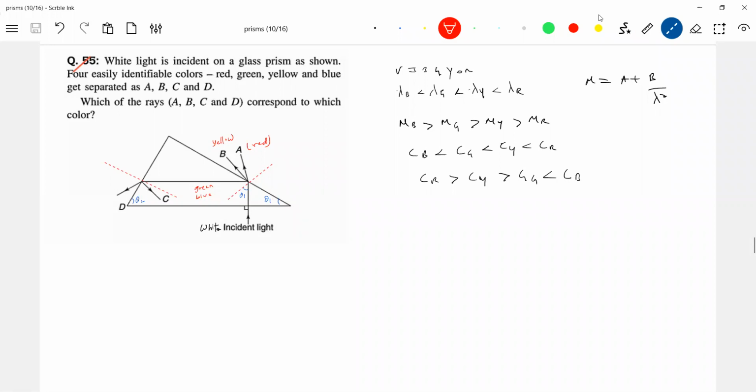Again the critical angle for green will be greater than the critical angle for blue. So C should be blue. If the blue undergoes TIR, green need not undergo TIR, no? But one is undergoing TIR, the other is getting refracted. So therefore, this should be green, this should be blue.